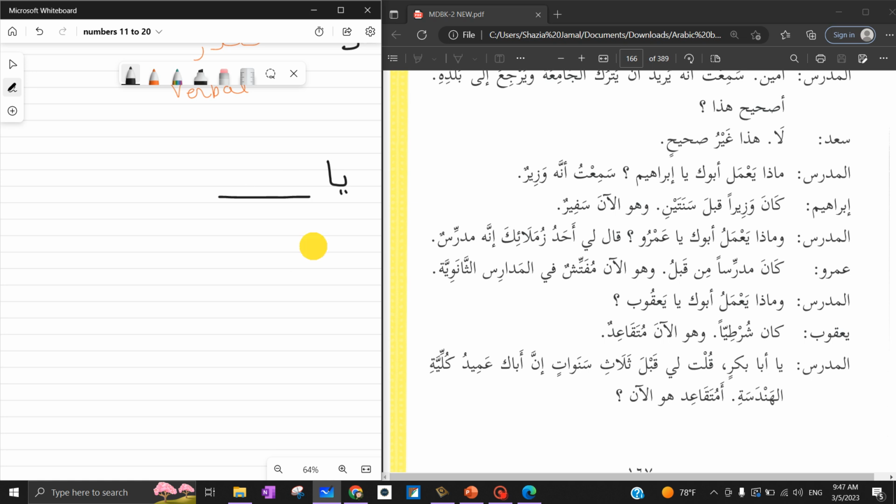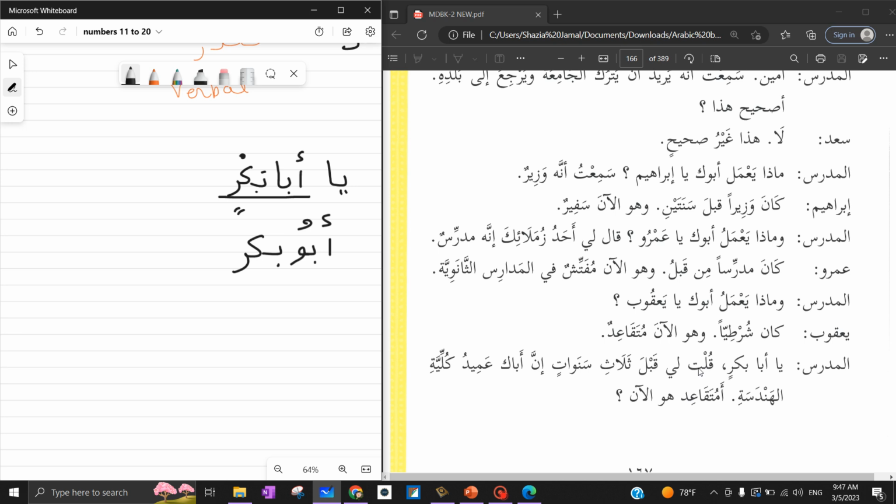Originally it was Abu Bakrin. When it comes with harf nida, it changes to mansub, Aba Bakrin. So this is the rule of names which are in idafa construction. That's why it is Ya Aba Bakrin. Qultu li qabla thalathi sanawatin. Qultu li.